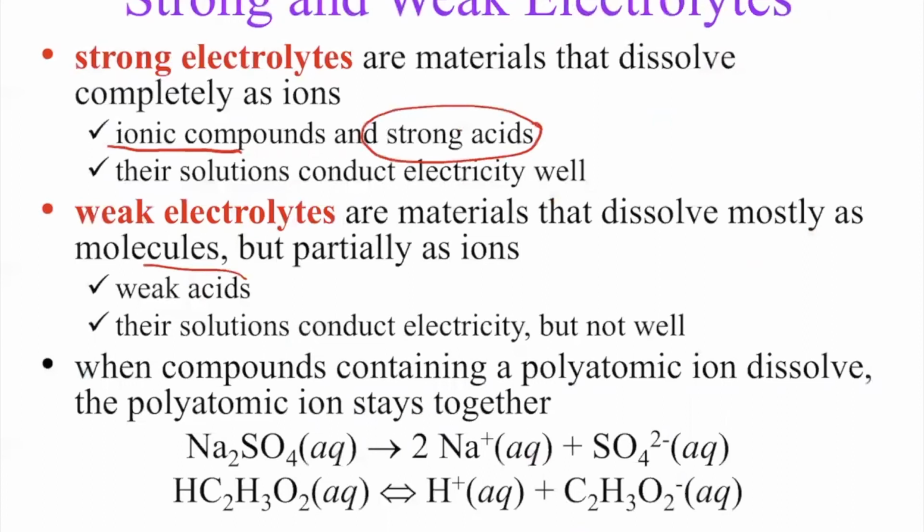Those are going to be your weak acids, and some ionic compounds; we will see later on which ones they are. When a compound has a polyatomic ion, notice that when it dissociates, that polyatomic ion will stay together. See here, here's your sodium and here's your sulfate. Notice here, this is acetic acid, here's your hydrogen, and here's your acetate.